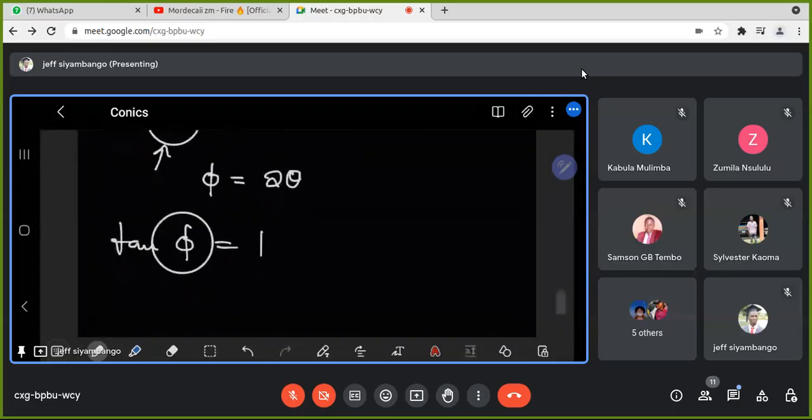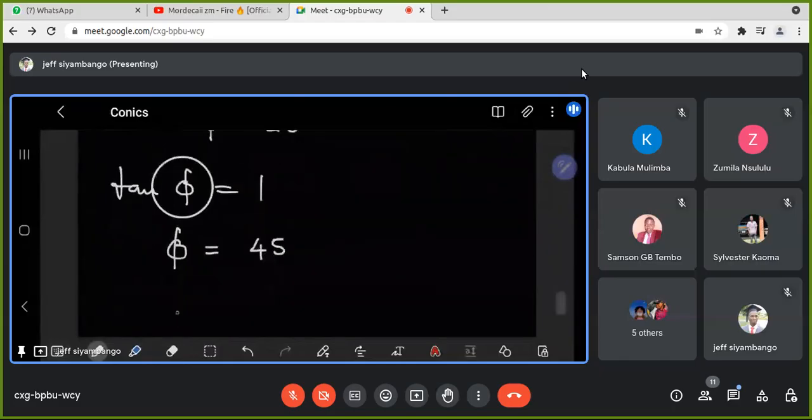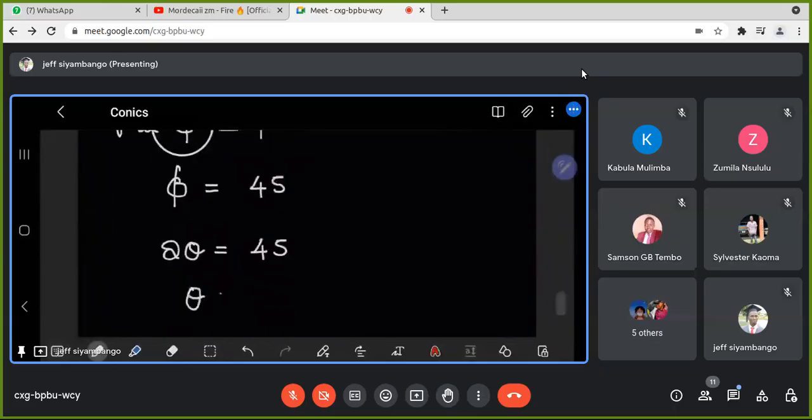Because of that, we claim that phi here has to be equal to 45. But phi is 2 theta. So we conclude that 2 theta has to be equal to 45, so that theta has to be equal to 45 over 2, and this ends up being 22.5 degrees. So this ends up being our angle. Do you see that?